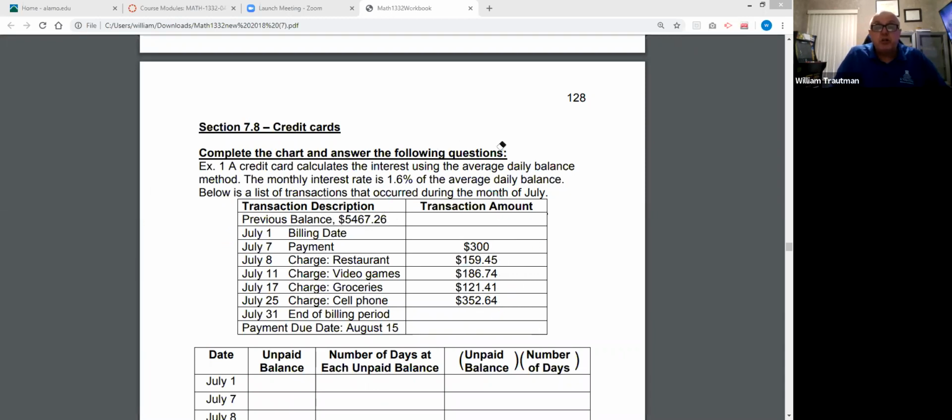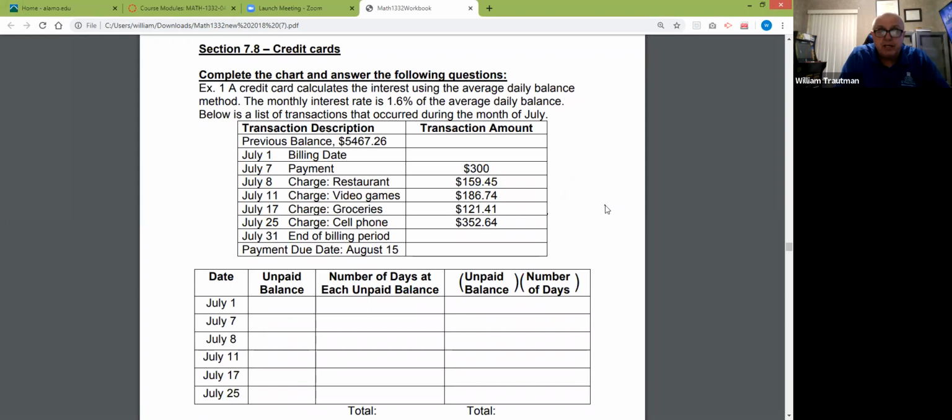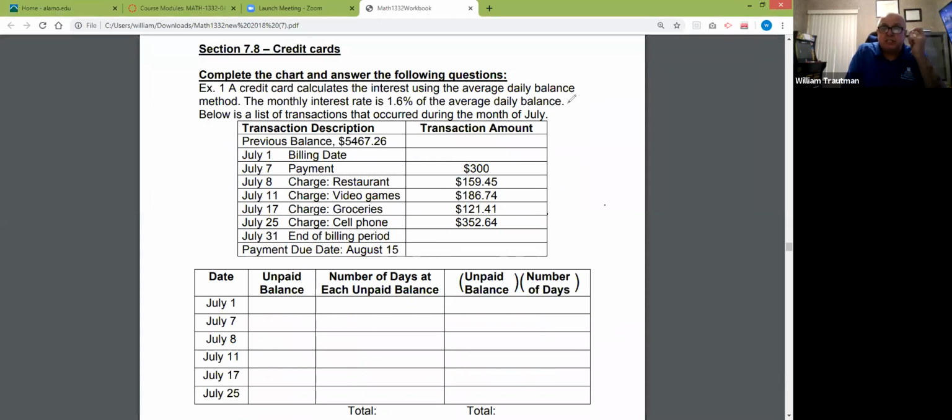So we're going to show you how the credit card company actually calculates your interest. I am going to raise this up a little bit, right to there. It really is a very tedious, drawn out way of doing things.